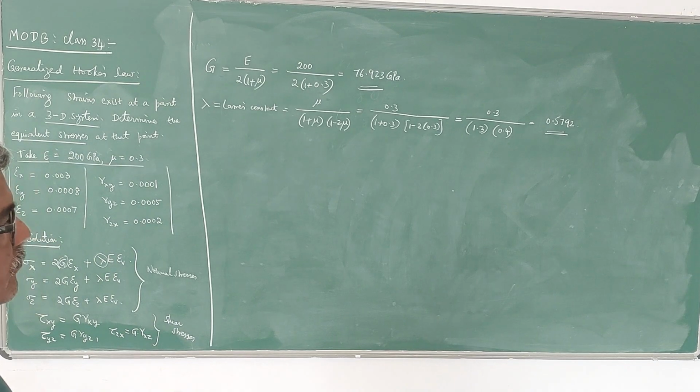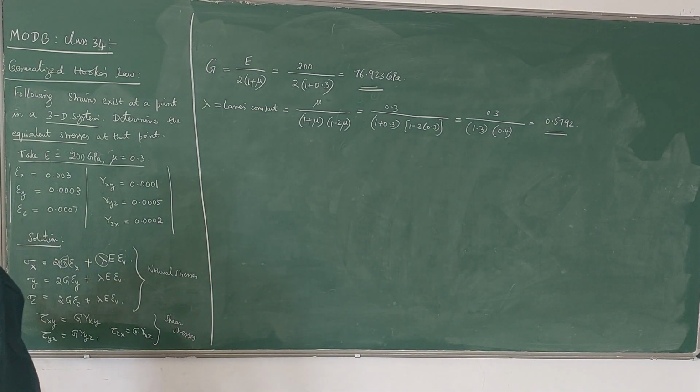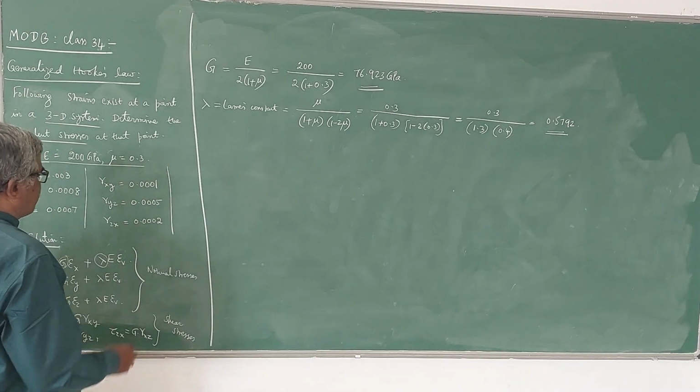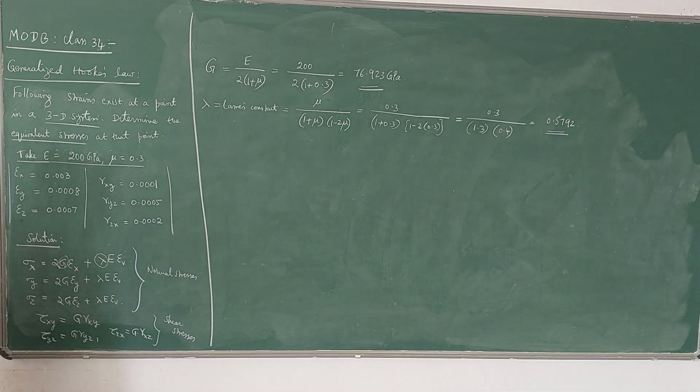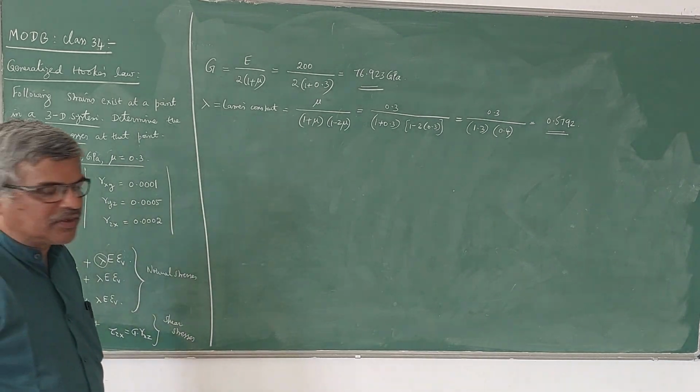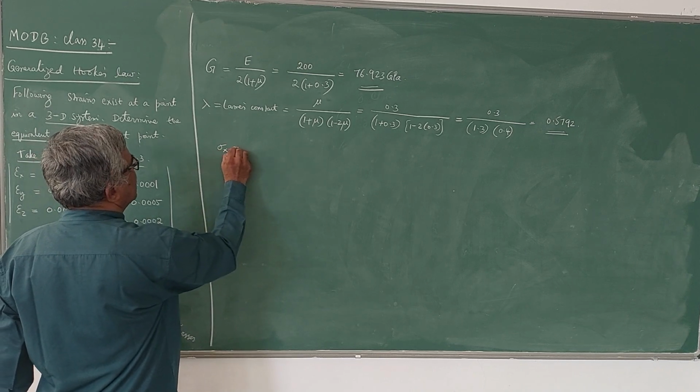So these two are the constants we need to find the stress values. Now let us see how these stress values are found out. Just substitute in these six equations, and you will get the stress at that point, all six components. One by one we will find out.